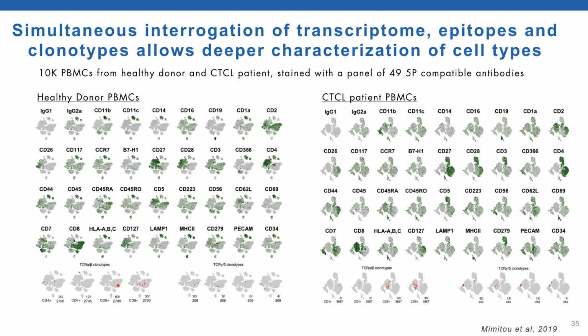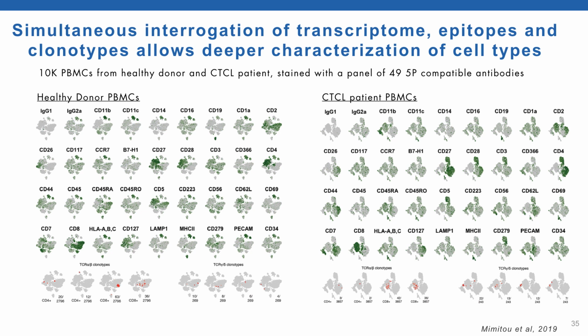And so Eleni made a panel of 49 different antibodies with all differently barcoded, as well as a set of hashing reagents. And we went ahead and looked at PBMCs from a healthy donor and from a cutaneous T-cell lymphoma patient. And long story short, the CITE-seq component worked nicely.